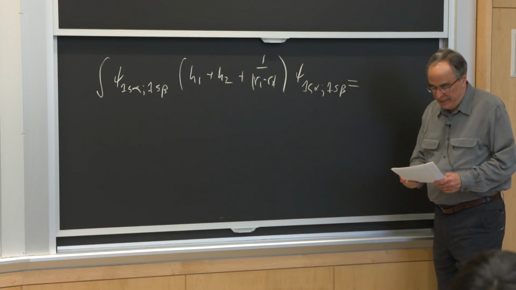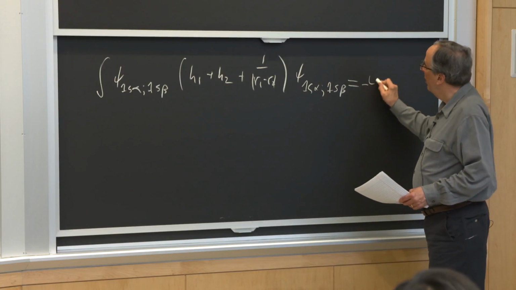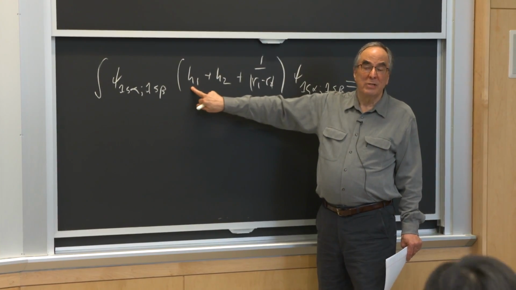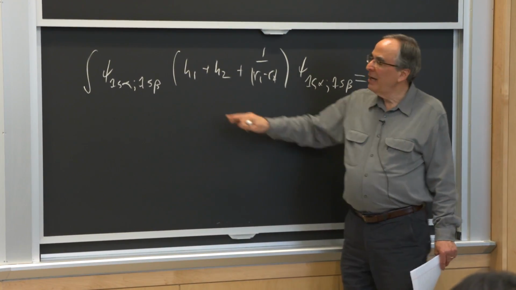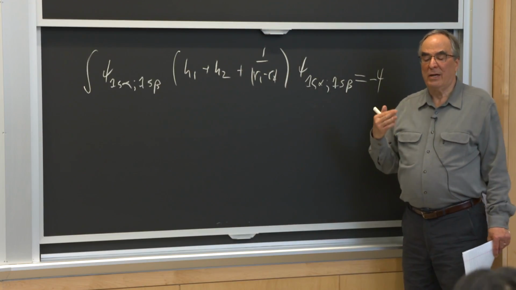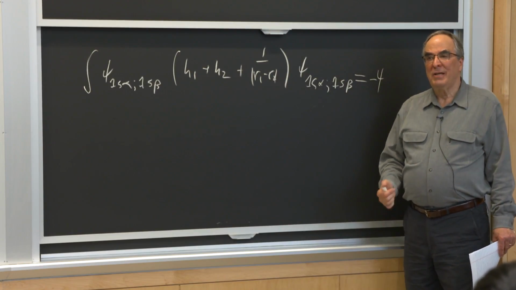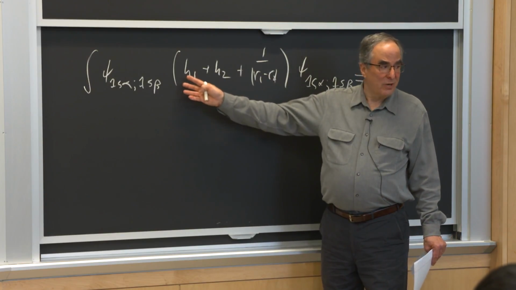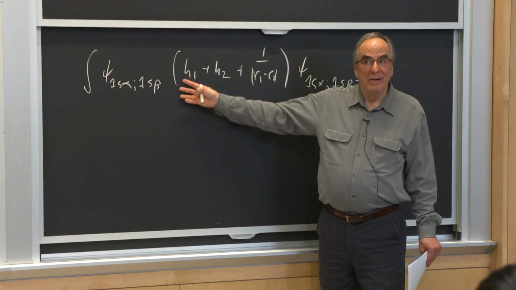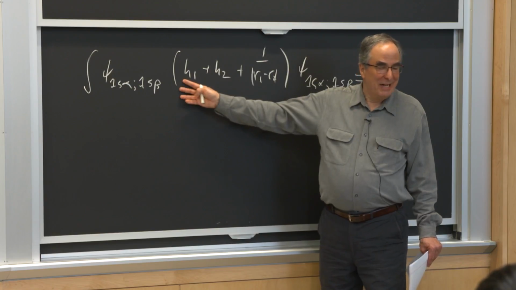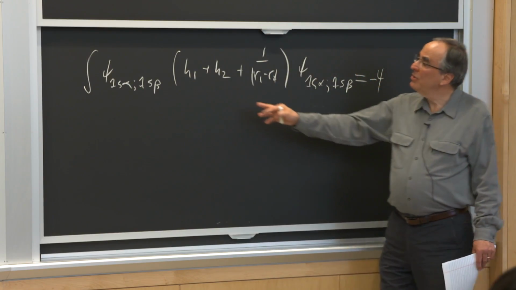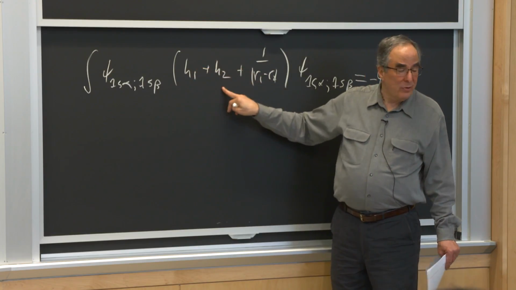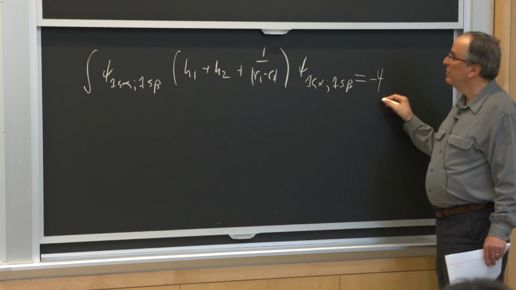And so what do you get? Well, you get minus 4. Why? Because these are hydrogenic with a nucleus of +2, and in atomic units, the energy of the hydrogen atom, charge of 1, is a half, not 1. And these go as Z squared, so we get 4 over 2 plus 4 over 2. So we get minus 4.